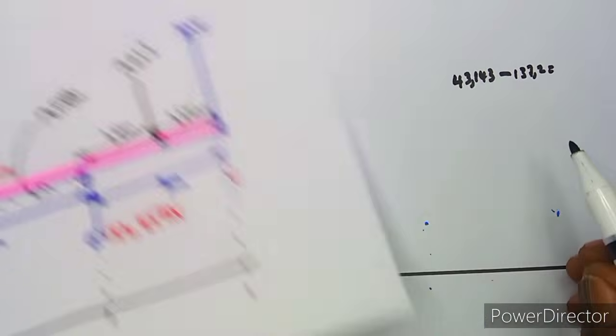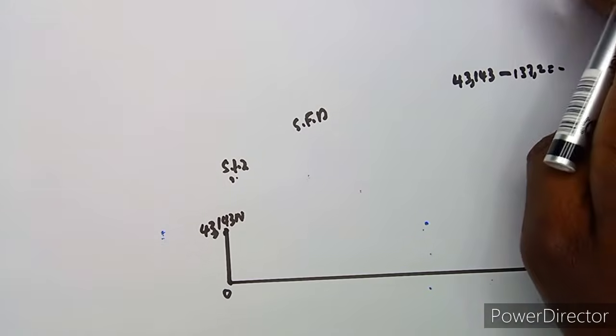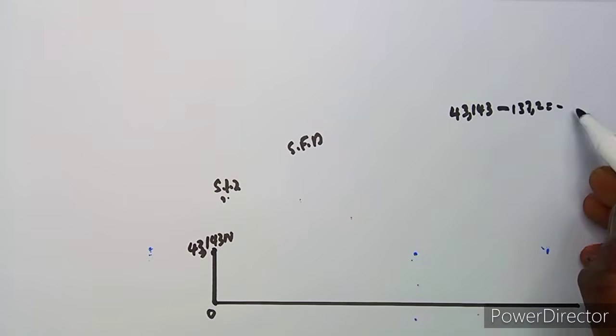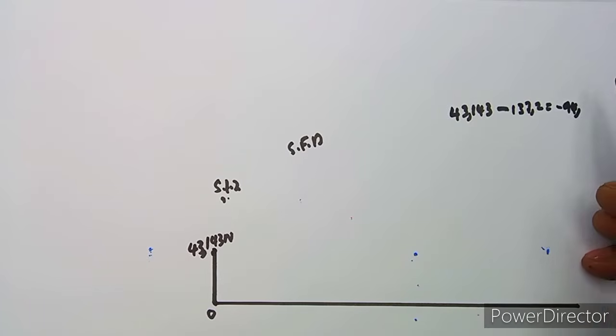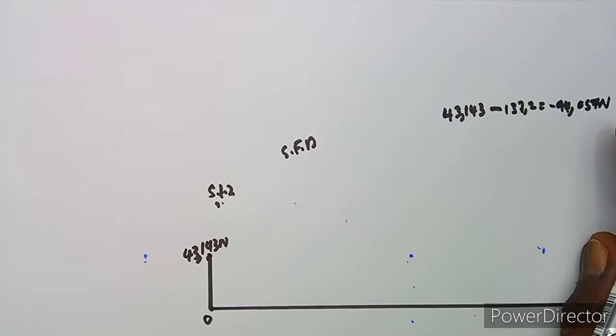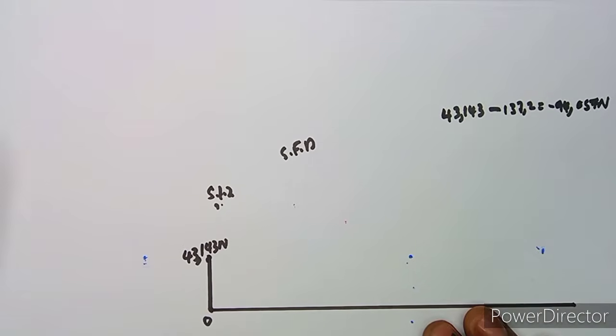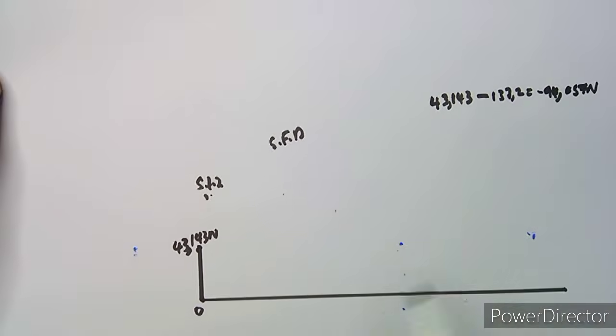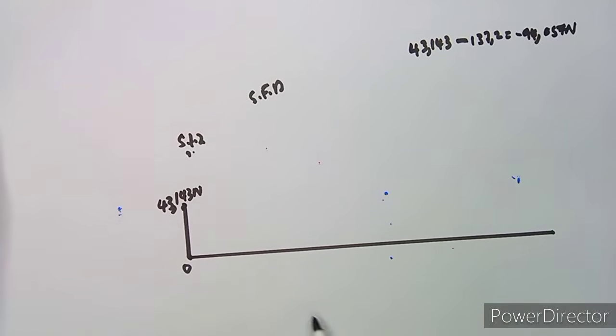Okay, so if you subtract this, you're going to obtain something like minus 94.057 Newton. Which means this is going to the negative side, at minus 94. So from this point we must reach negative.